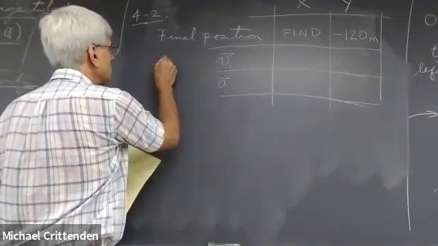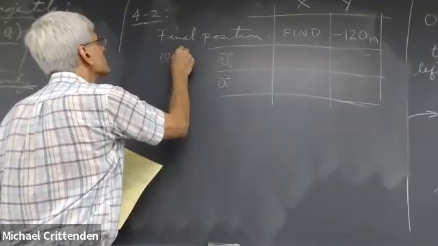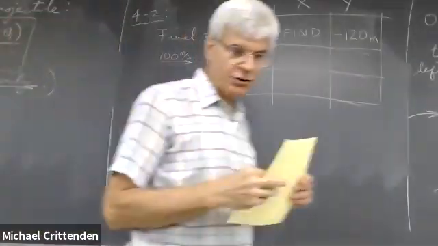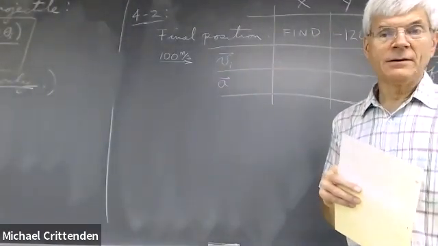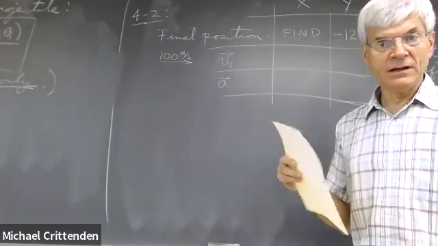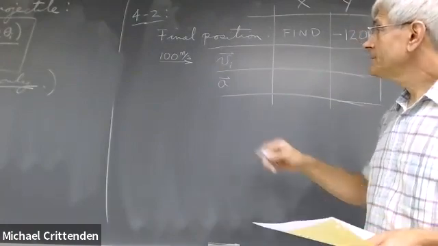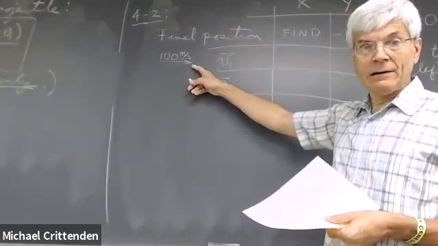Initial velocity, maybe a little arrow, a little diagram would be helpful. That's a sketch of the velocity vector at the moment that it emerges from the gun. Okay, when the cannonball comes out of the gun, it's perfectly horizontal.